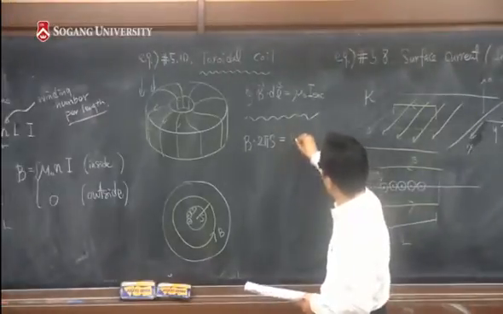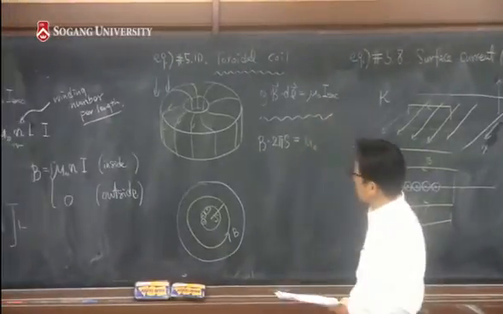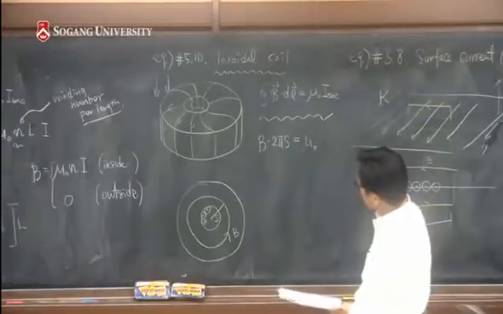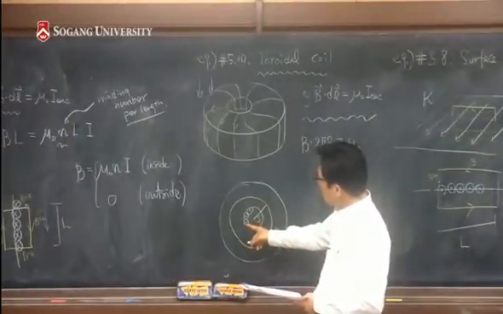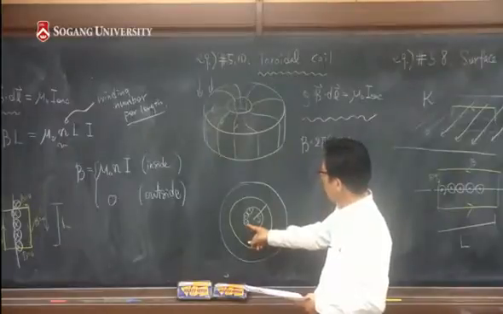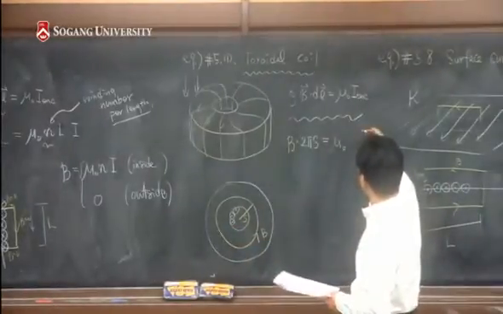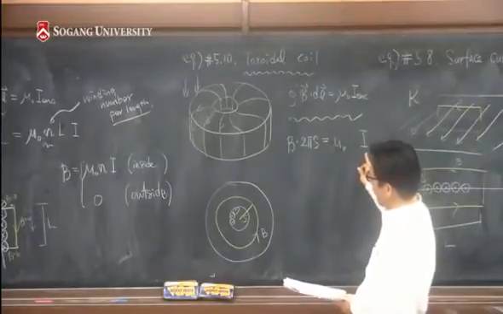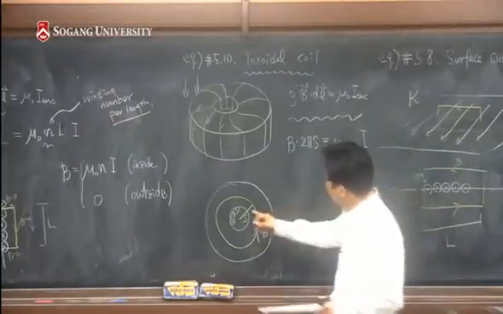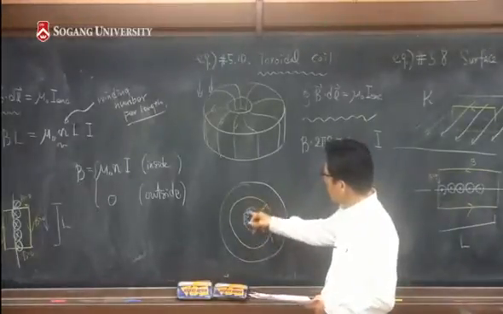Let's say one wire carries a current I, so it is proportional to I, and let's say the total number of windings is n. Then it is proportional to n.